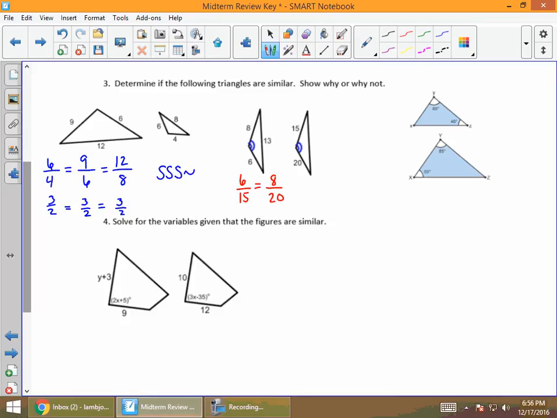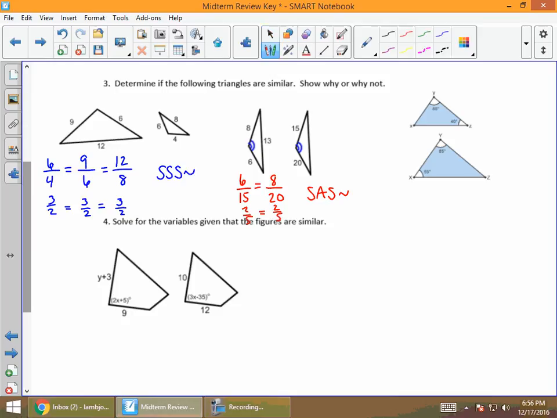So 6 over 15 reduces down to 2/5. 8 over 20 reduces to 2/5. So the scale factor here is 2/5. Since it has an angle and it has 2 proportional sides, this is side, angle, side similarity.